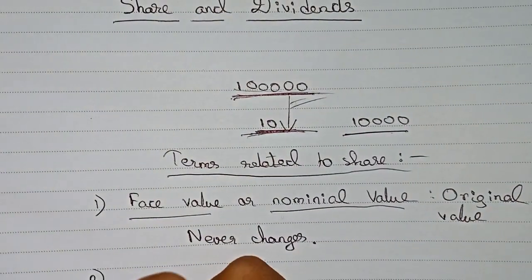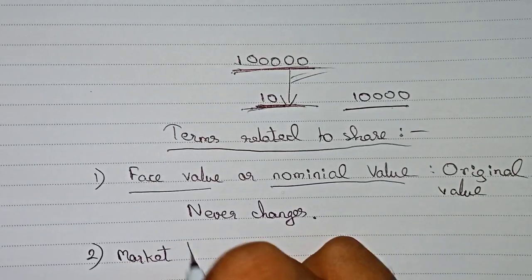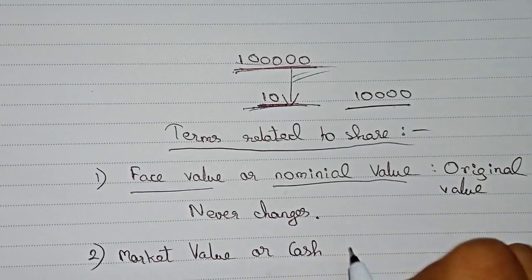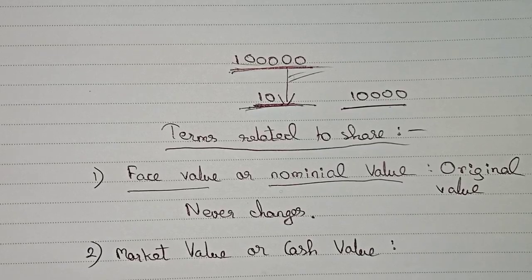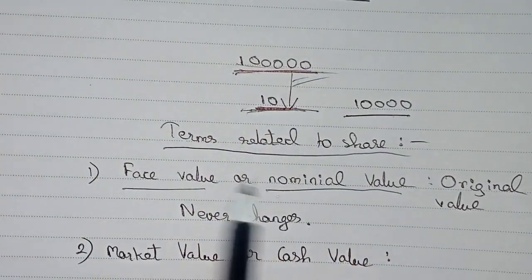Now second comes the market value, or you can also call it cash value. First a company sets the amount of the share, which we call the face value.